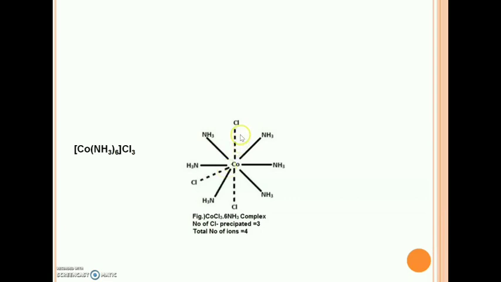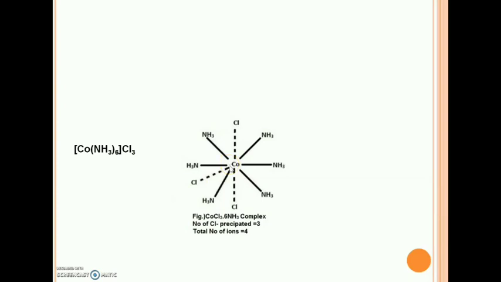Here, the secondary valencies are represented by thick lines and the primary valencies by dotted lines. In this compound, CoCl3·6NH3, all the secondary valencies are satisfied by the 6 NH3 molecules, and the 3 chloride ions satisfy the primary valency.